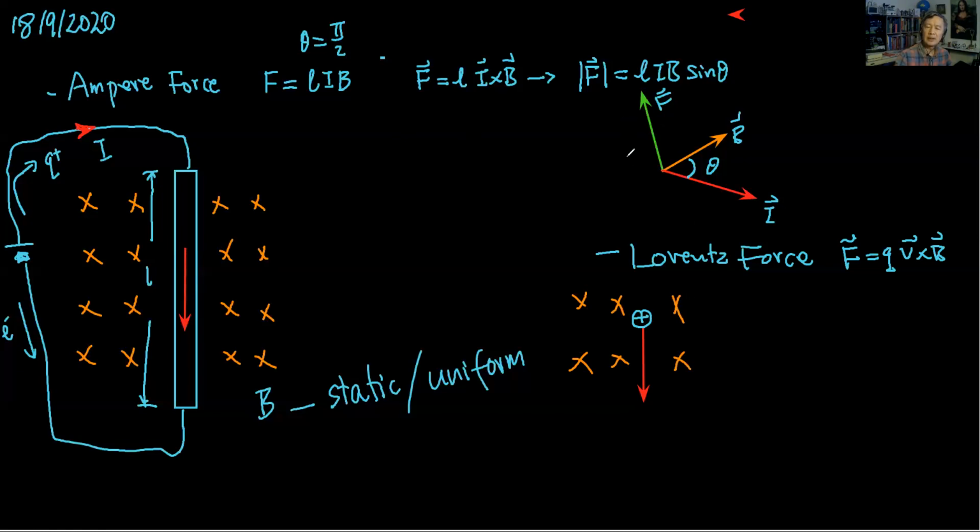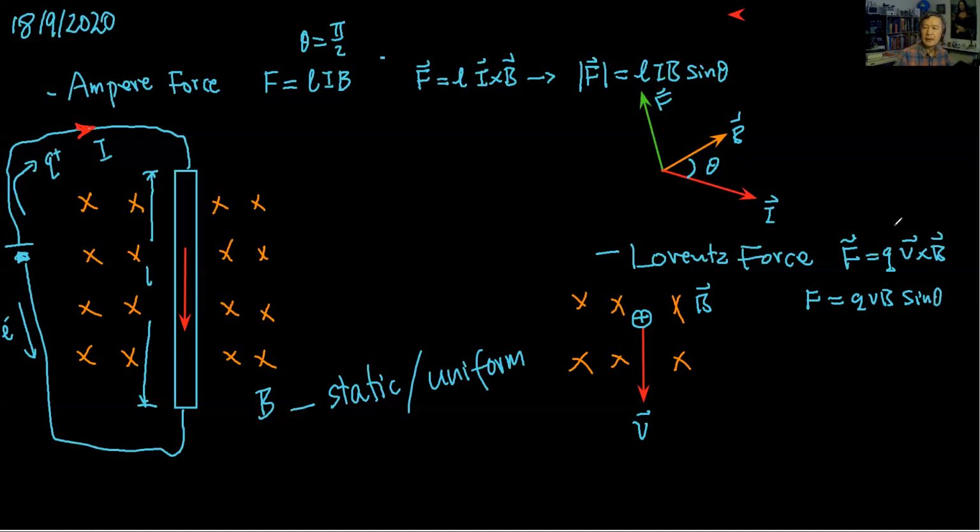Now in this case, the moving charge will experience a force. Have you studied that? If this is the velocity and this is the magnetic field, the force can be written in this form. If you just consider the magnitude, F can be written as qvB sine theta, same as before.